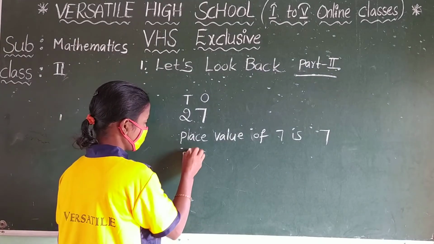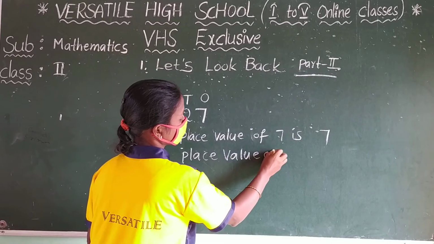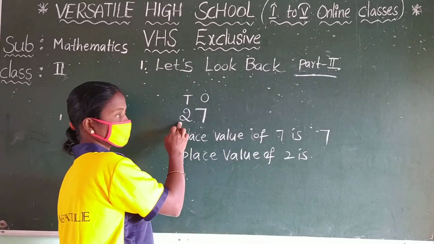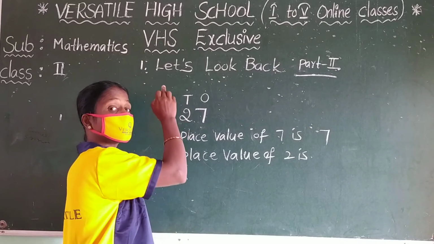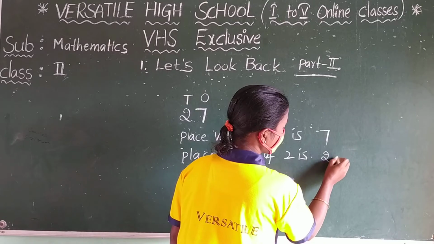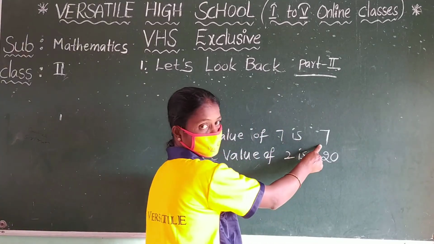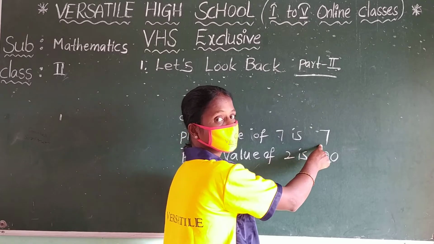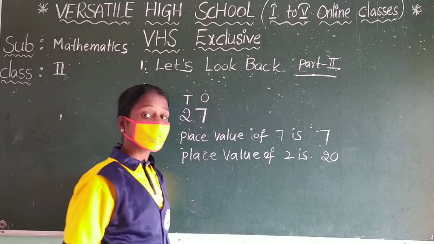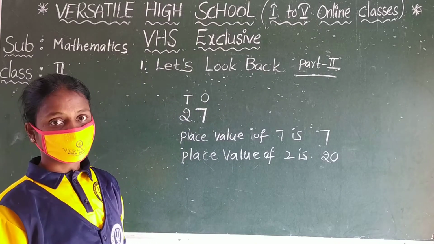And the place value of 2, which is in the tens digit? 2 into 10, 2 tens are 20. Why? Because 7 is in the ones place, so 7 into 1 is 7. In the tens place, 2 into 10 is 20. In the hundreds place, 2 into 100 is 200.